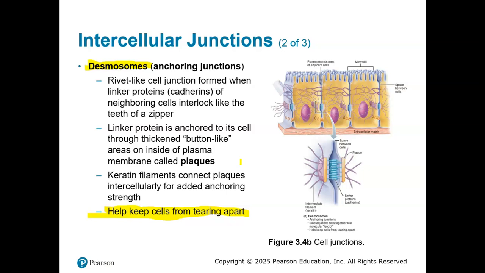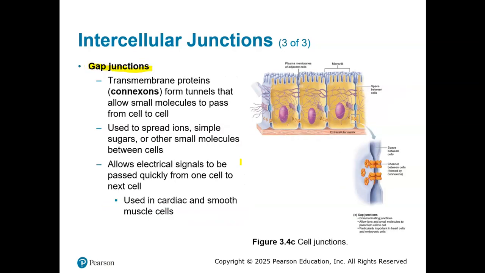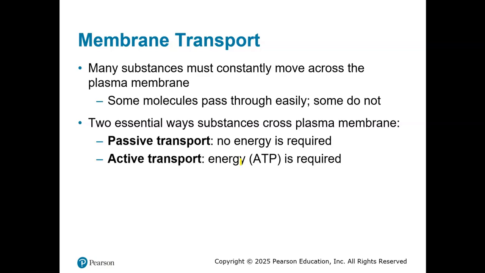They don't pull apart when the skin is shed because of desmosomes. So desmosomes are very strong connections between cells, but just at one spot. They almost look like a button.